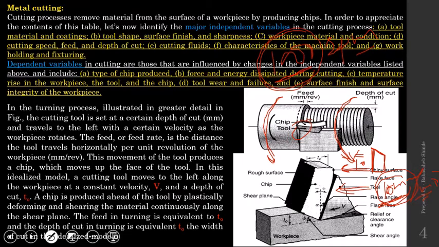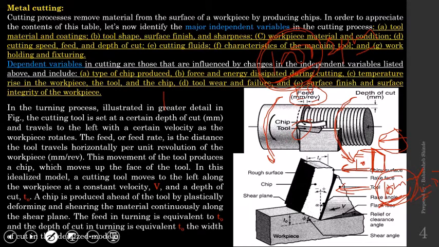So if I divide this 1000 by 10, what will I get? For one revolution, by what distance the cutting tool is moving in this direction, and that distance is nothing but the feed rate. So you can get the feed rate in the unit millimeter per revolution.